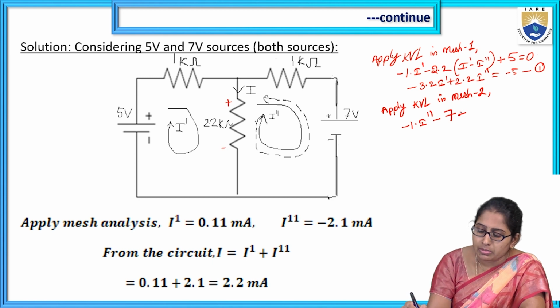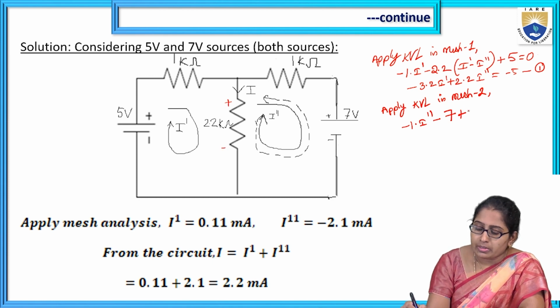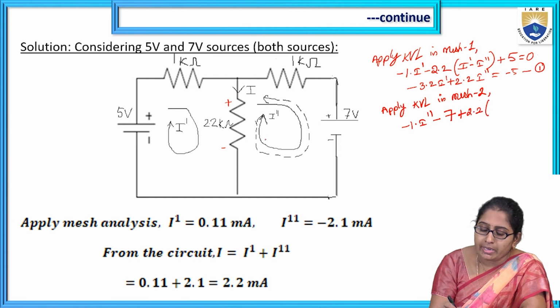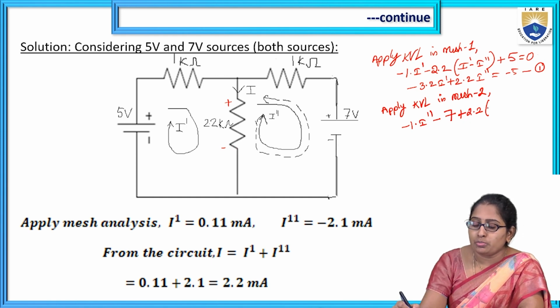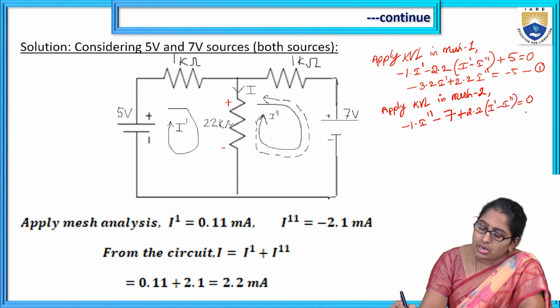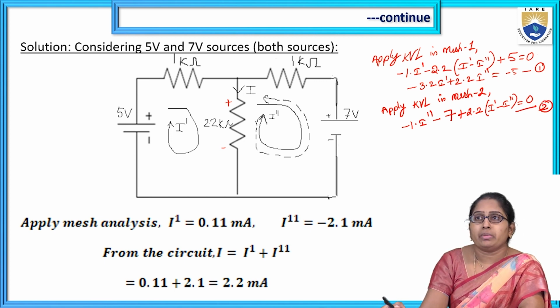So for the second mesh it becomes plus 2.2, because the I double dash direction is opposite to the voltage drop direction. So it becomes plus 2.2 into I double dash minus I dash equal to 0, and this simplified equation becomes equation number 2.